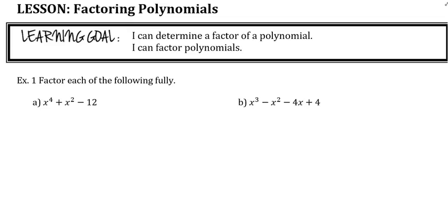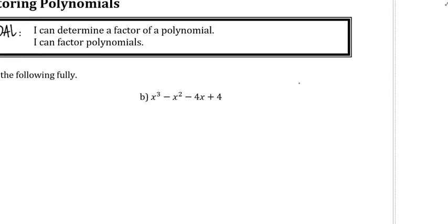Whenever I start teaching factoring, it has a lot to do with how did you get there in the first place? So when you first see trinomial factoring, you would do this: x plus 5, x plus 6, and you would expand it, right?